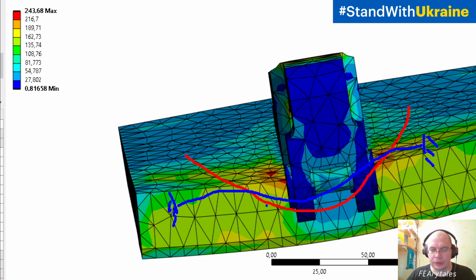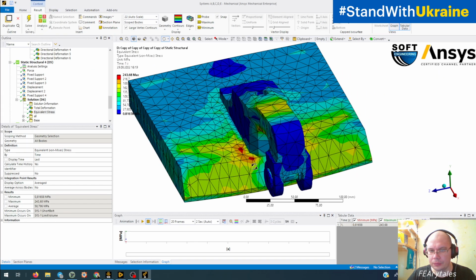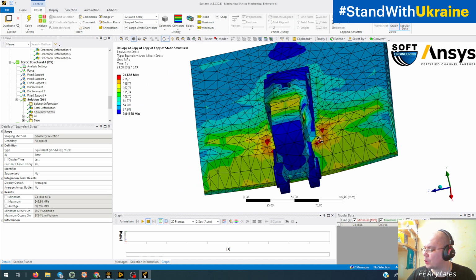And in reasons that we have geometry which contact with this one or contact with this one on a second variant, on a red variant, we have much more stress distribution here in those points. So this is what we see here.